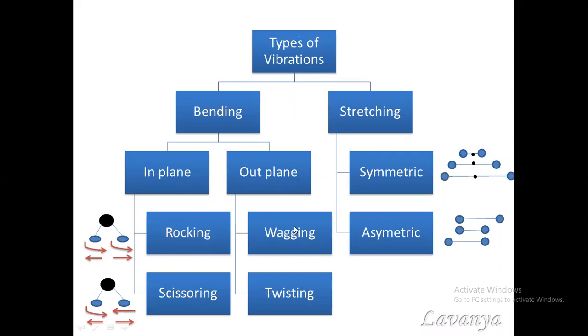If it happens out of plane, that is considered wagging. And scissoring is another in-plane bending where both the atoms approach each other or move away from each other. If this happens within the plane, that is scissoring. If it is out of plane, that is called twisting.